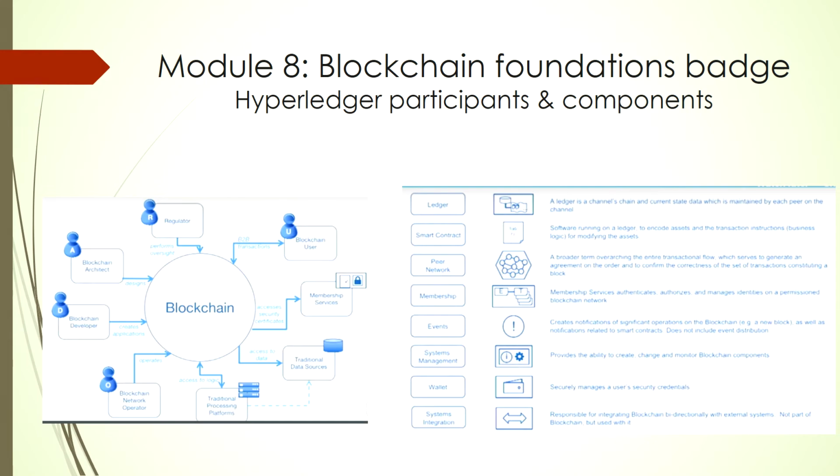So when we started with the essentials, that's going to give you the concepts. At the end of the concepts, you take a test and get a badge, and that grade is what I'm going to record for that first test. The last one, Module 8, is going to be the blockchain foundation badge. So you would go through the same process.